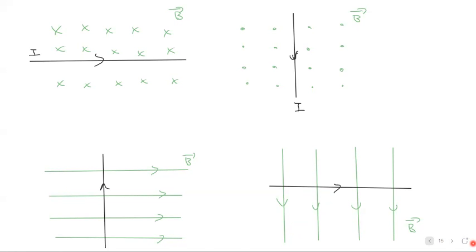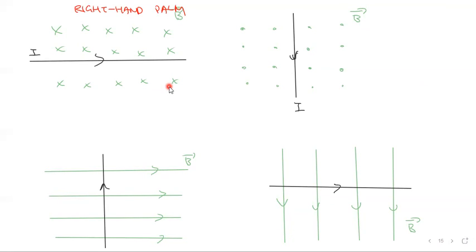So let's now take a look at some examples where we focus firstly on getting the direction of the force on these wires. So remember, our rule is very simple. It's the right-hand palm rule. That means you must use your right hand. The thumb must represent the direction of the current. Your fingers must represent the direction of the magnetic field B, in our diagrams, green.